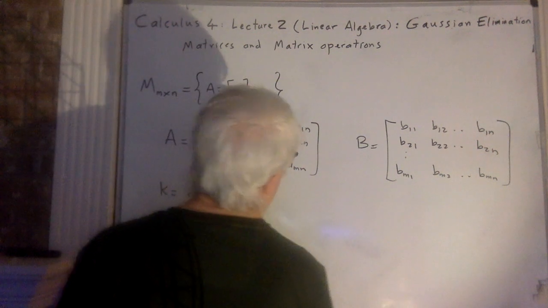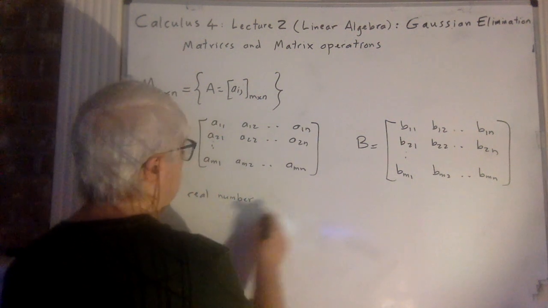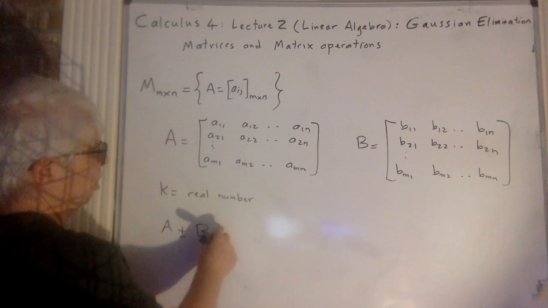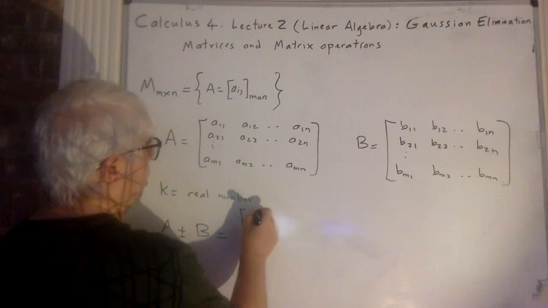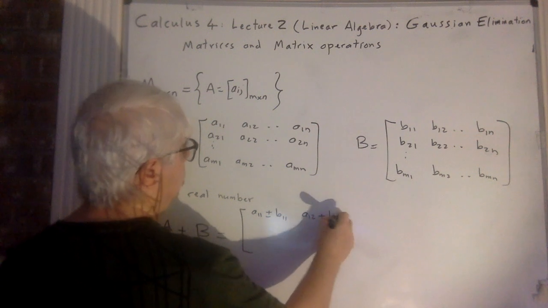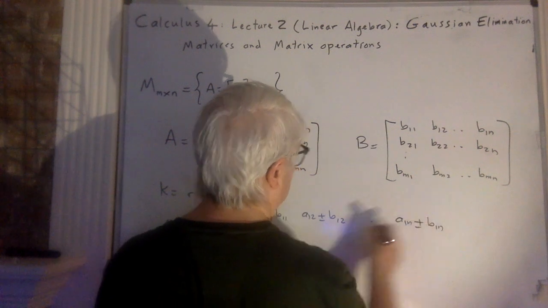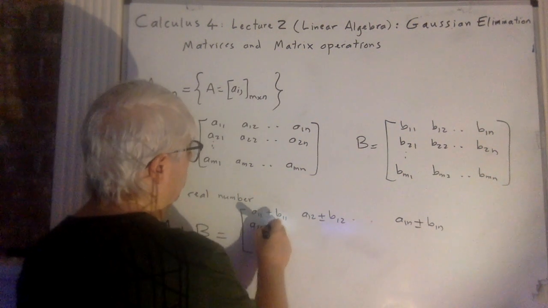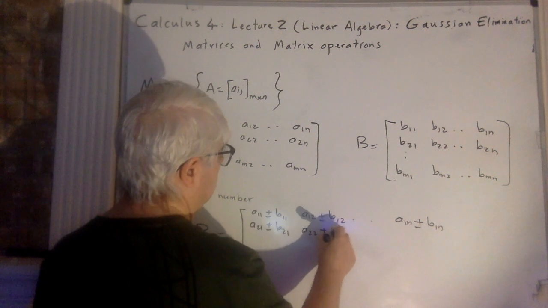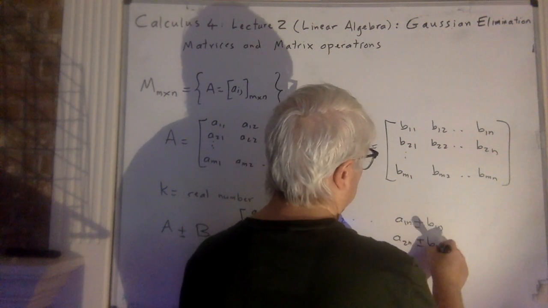Okay, now adding is element-wise. So A plus or minus B is simply a11 plus or minus b11, a12 plus or minus b12, a1n plus or minus b1n. Then a21 plus or minus b21, a22 plus or minus b22, a2n plus or minus b2n.